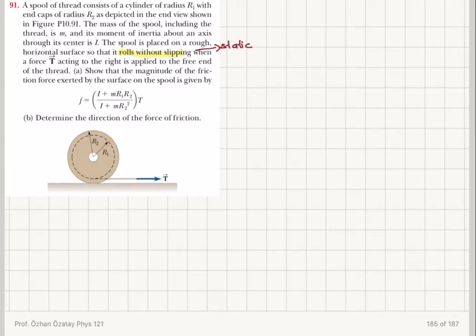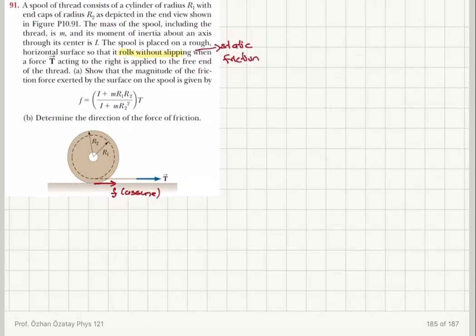So I'm going to assume, because it's rolling without slipping, first of all, it is static friction. So I'm going to assume a direction for force of friction and then figure out if that direction was right or wrong. So I'm going to assume the force of friction points to the right. Okay, so this is an assumption.